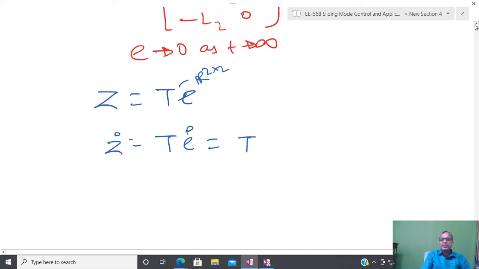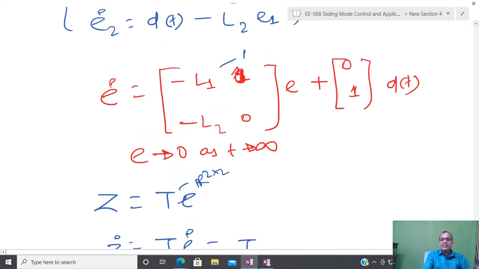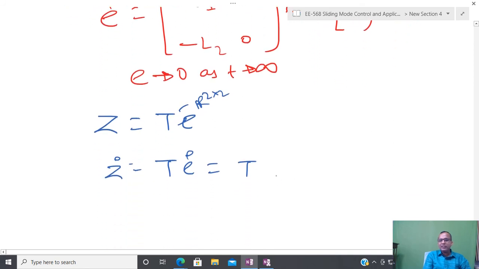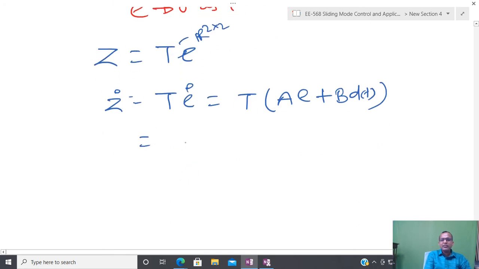You can express this quantity as A and this as B. So I have now E dot equal to A E plus B into dt, and now I have TA, and in place of E I substitute T inverse into Z, plus TB into dt.